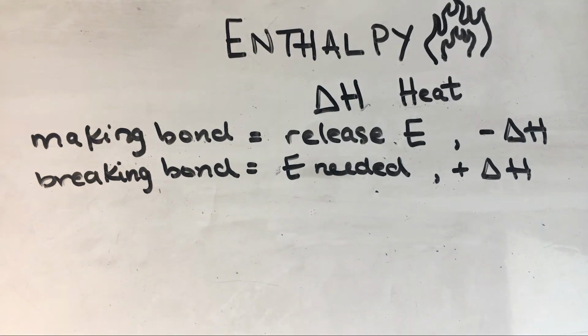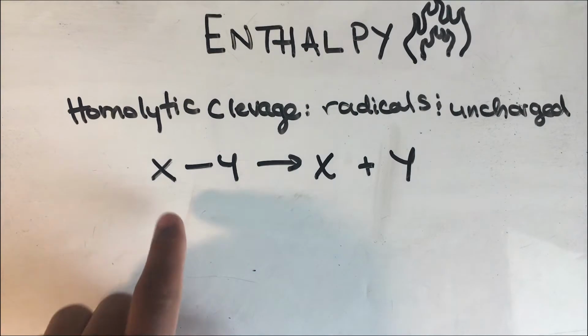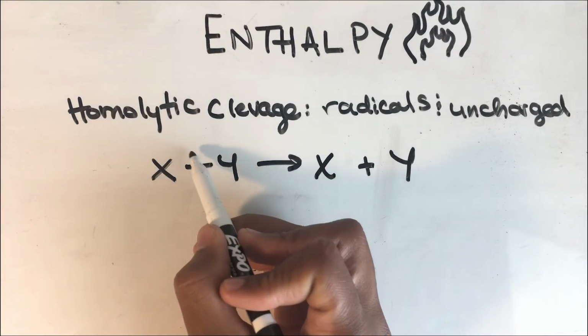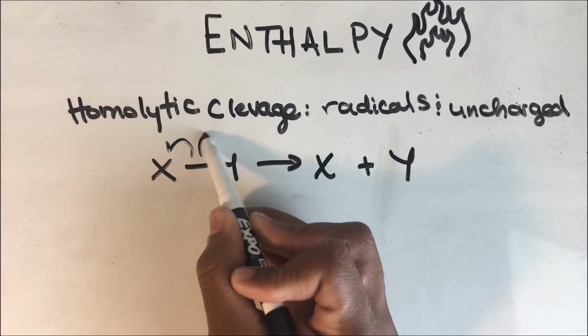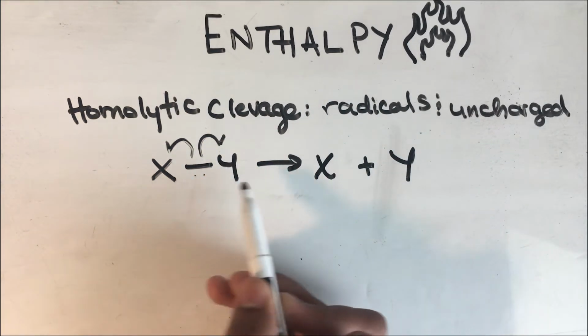We're going to think about two different ways to break a bond. Those two ways are called homolytic and heterolytic cleavage. When we think about homolytic, homo means same, so they're sharing those electrons when the bond is broken. So here we have X and Y, and we're going to represent it by single-headed arrows because they're sharing those two electrons equally. Each one's going to get one electron.